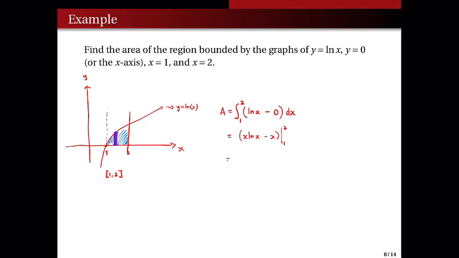So this is equal to 2 ln of 2 minus 2, quantity, minus 1 ln of 1 minus 1. If we simplify this, this is simply 2 ln of 2 minus 1. So that's the area of this region.